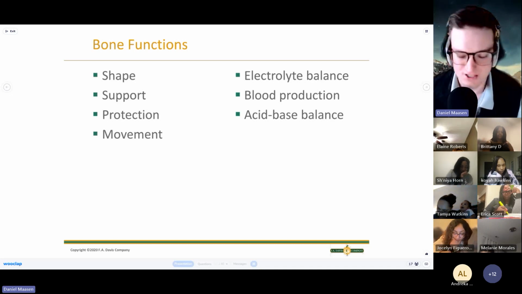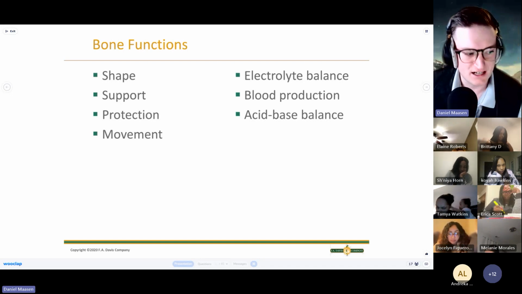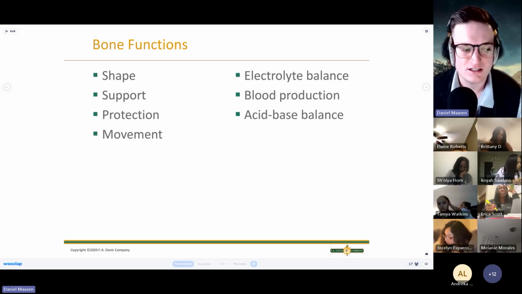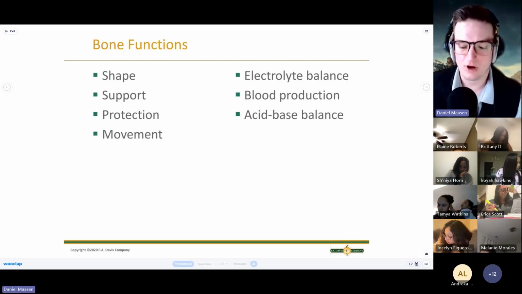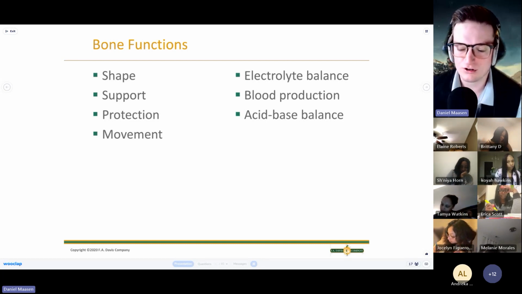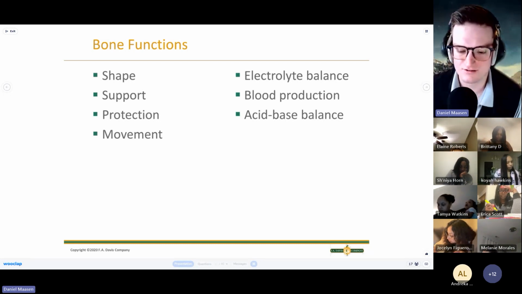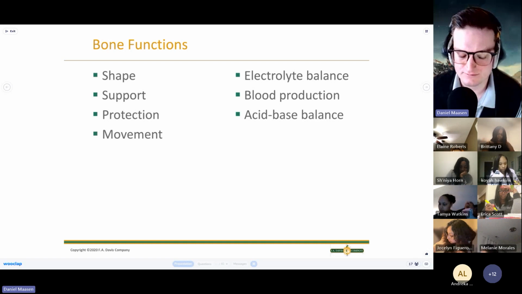So shape and protection, movement, those are pretty obvious. The unique one that I've highlighted before, the big one, is blood production. Our bones house bone marrow, and without bone marrow, we don't make new blood cells, especially as an adult. Like I said, generally all blood cells stem from bone marrow, especially from newborn infants to babies to toddlers.